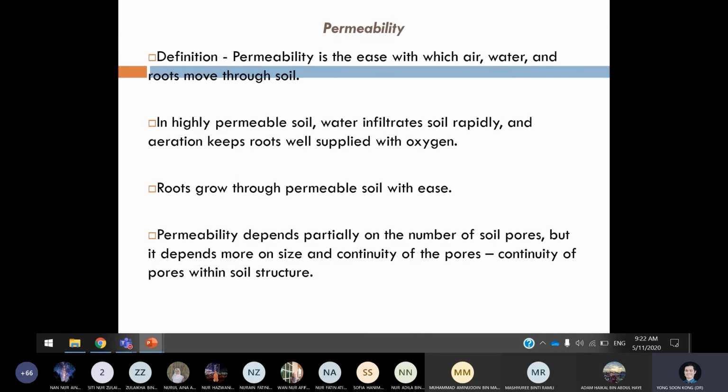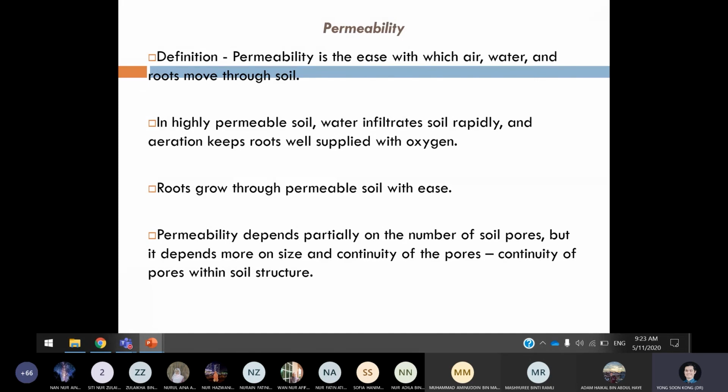Now permeability is another physical factor that is also quite important, and it is not exactly the same as porosity. Earlier, porosity was how much air is inside the soil; permeability, in terms of definition, is how easily air and water can move through the soil.